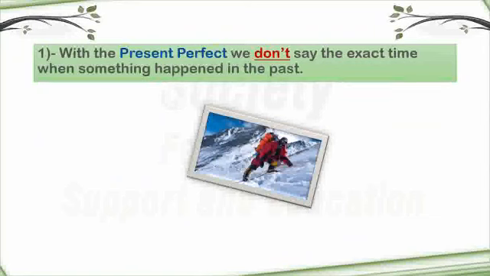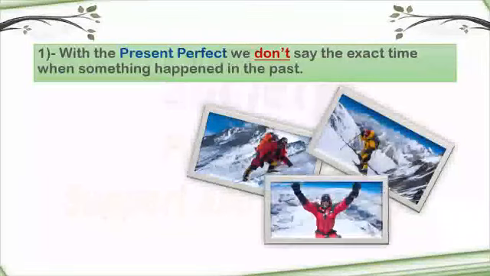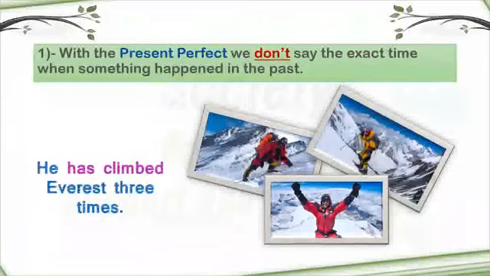It's an action that happened in the past and completed, but the time is not mentioned. So this is the same man who has climbed the mountain for 3 times. So he has climbed Everest 3 times. Is the time mentioned here? No time mentioned, but it's an action that is completed. That's why we call it the present perfect tense.